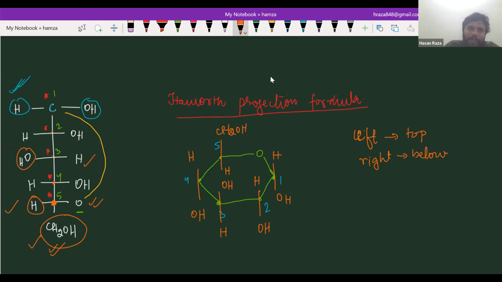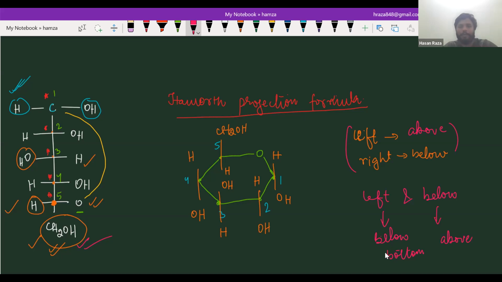Or at the place of top you can write above. And when left and below, like this, below will be on top, that means above, and this will be below, that means bottom. Is that clear to everyone? Yes, sir. It's very easy.